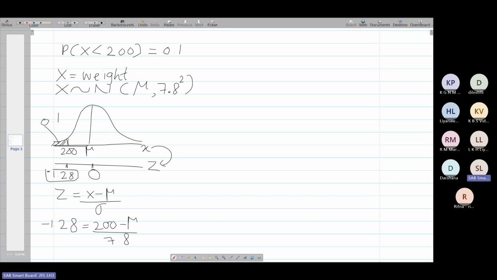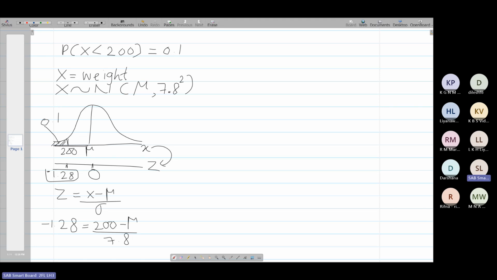Okay. Then you can simplify it. Then you can calculate what the new value is.